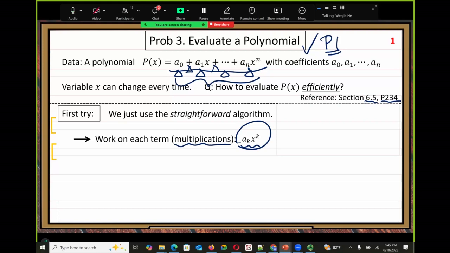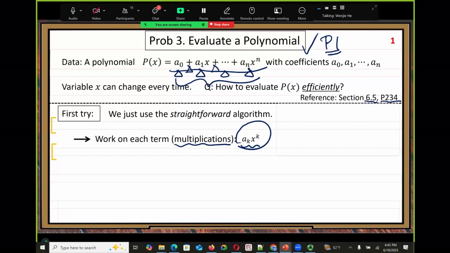Think about that. A simple question, but you need to make sure your counting is correct. Here, we count the number of multiplications.